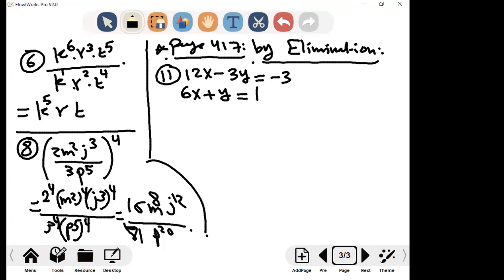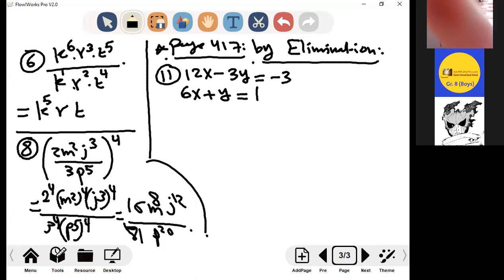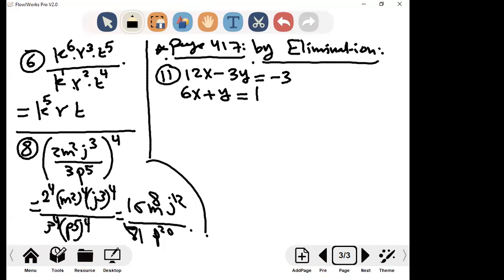In the previous lesson, by adding and subtracting, the equations are ready. You'll have like 6y, negative 6y, so you add, remember? But here we don't have similar. Here we have a 12x, here we have 6x, they are different. 3y, you have y, they are different. So you cannot add and subtract directly, right?